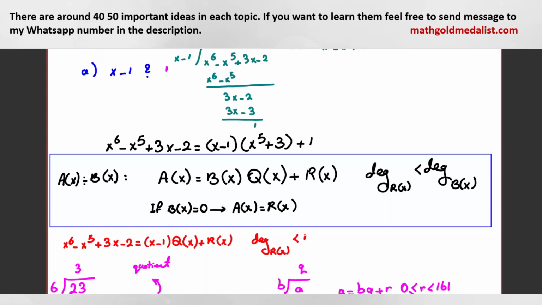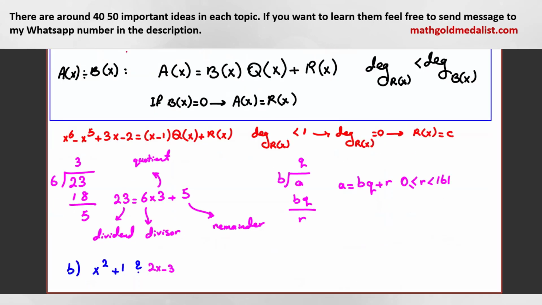When it is less than 1, the degree of r of x should be 0. Exactly. So let me write this first: the degree of r of x is 0. When the degree of r of x is 0, r of x is a constant.